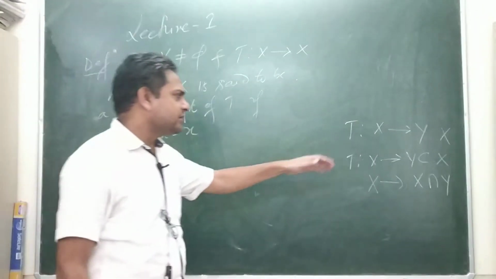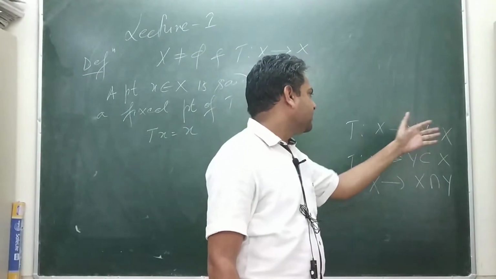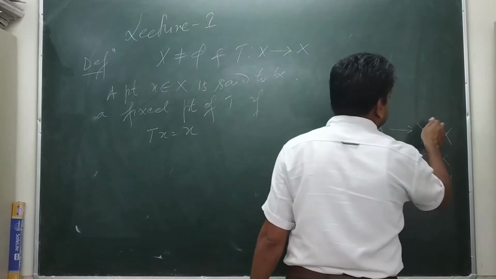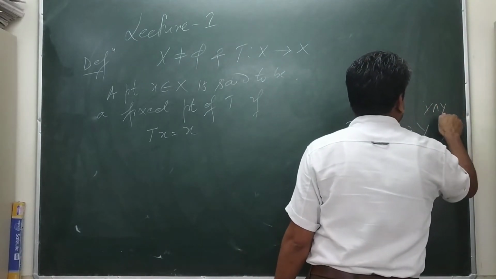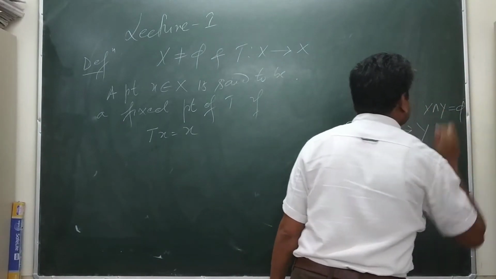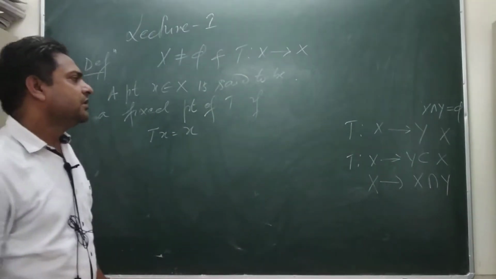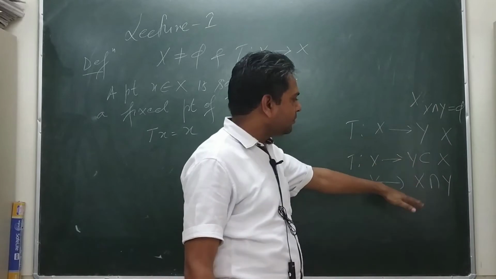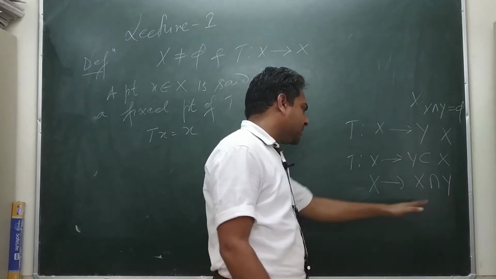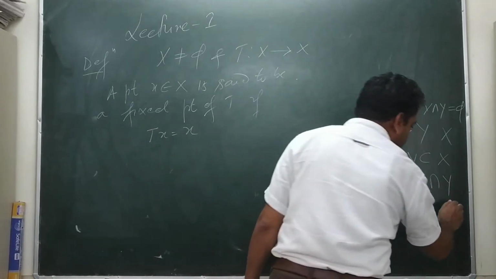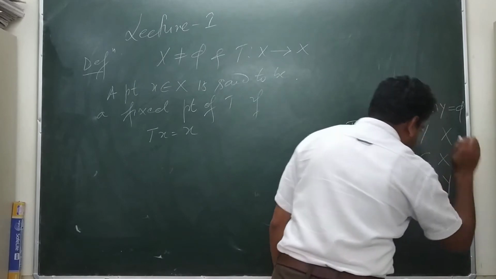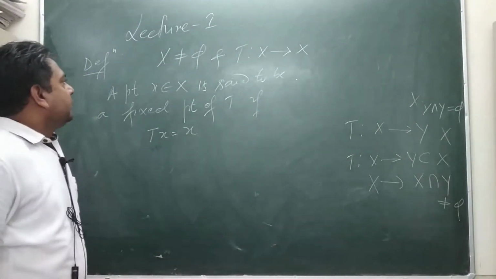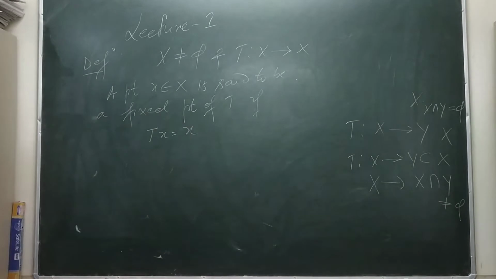If X intersection Y is empty, meaning both are disjoint, then we cannot talk about the fixed point. So either we have this condition, or we have this intersection, and of course this intersection must be non-empty. This is very important. So this is the basic definition of the fixed point of an operator.